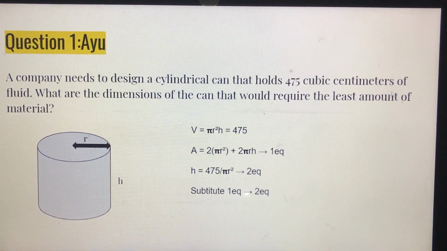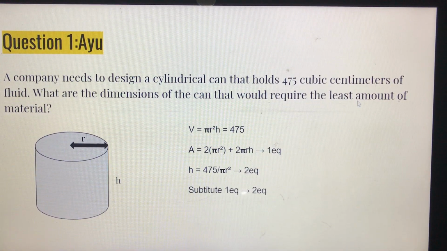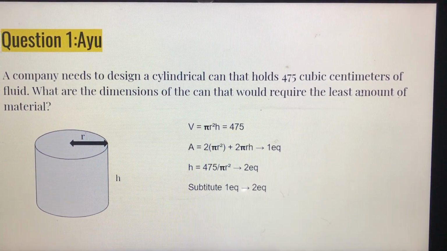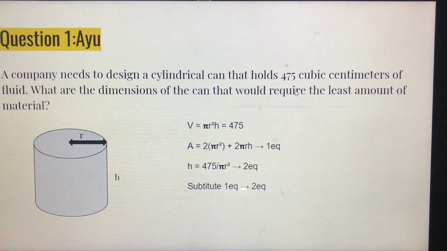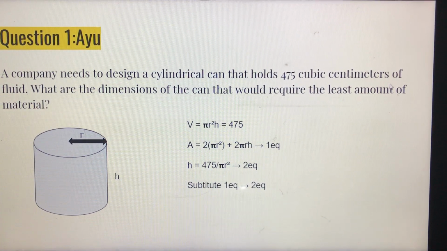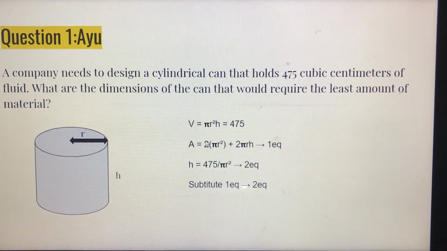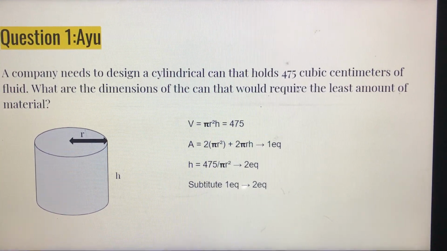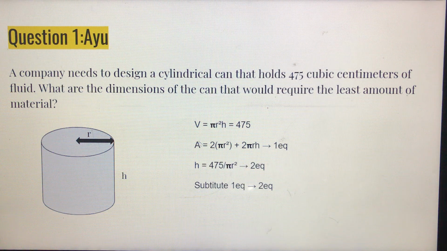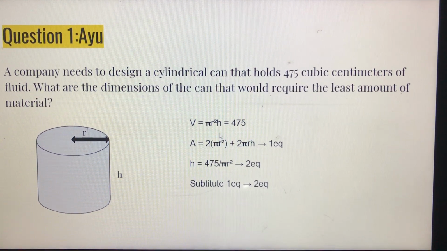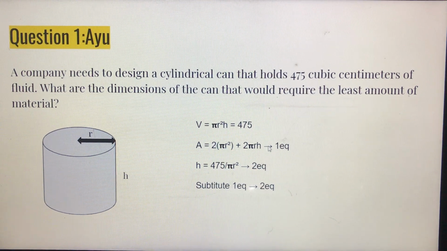So we know that the function that has to be optimized requires the least amount of material, meaning that we have to find the function to be optimized. So from here we know that we can use the area function, where the variables are the radius and the height.